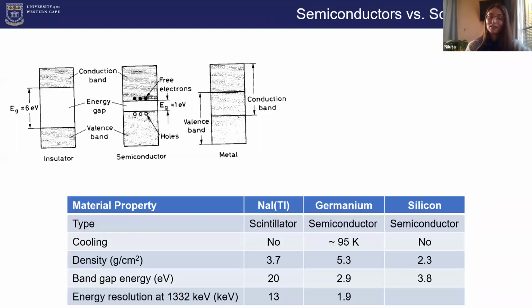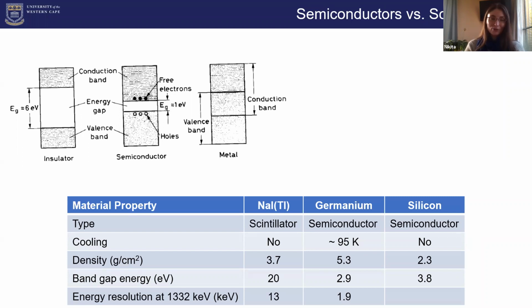So here the density is very important. The more dense the material is, the more the radiation will interact with it. So this will increase our detector efficiency if we catch more of the radiation.